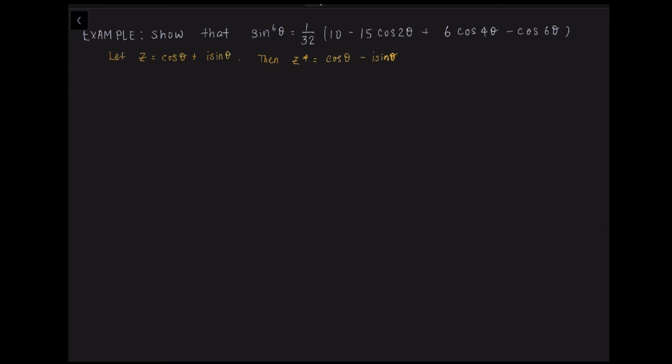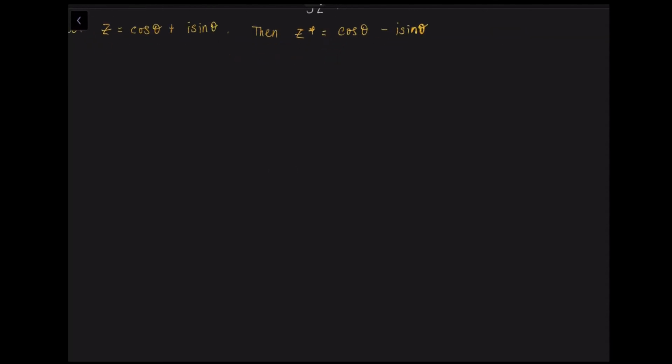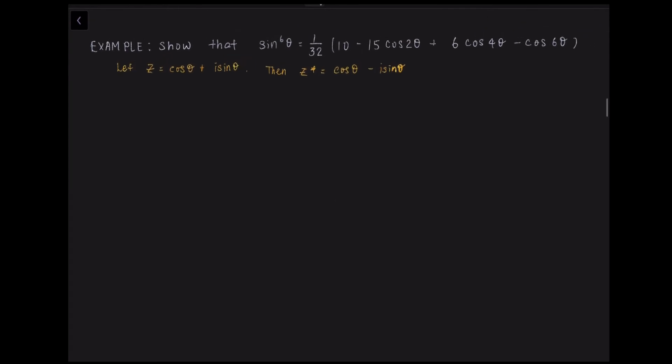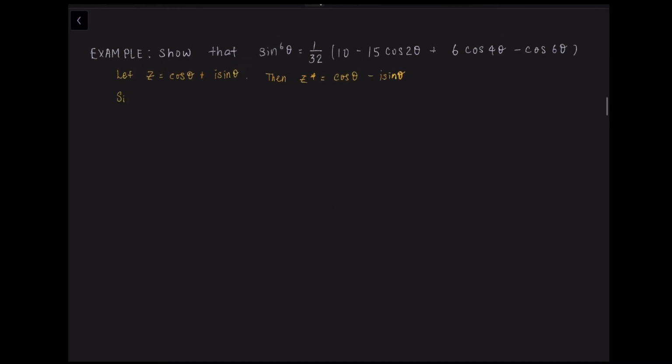Whereas if you add them together, you obtain 2 cos theta. But in this case, we want sine theta, so we are going to subtract them. So z minus z star is 2i sine theta.